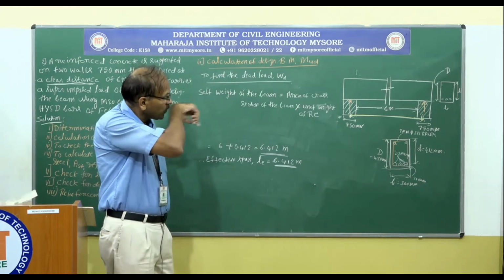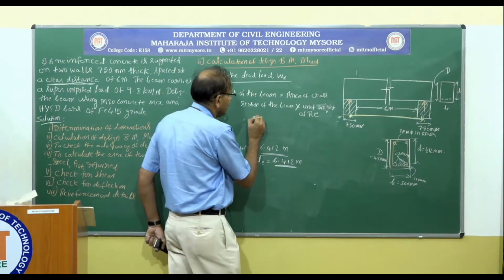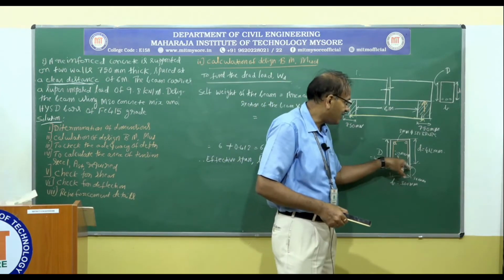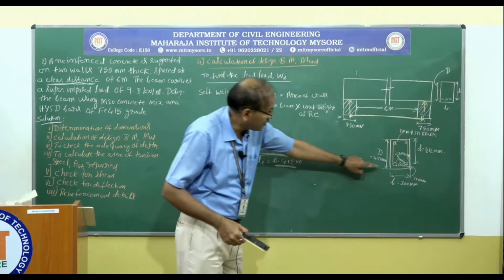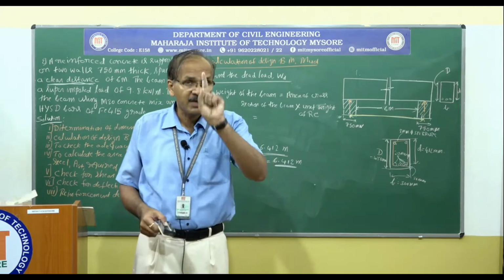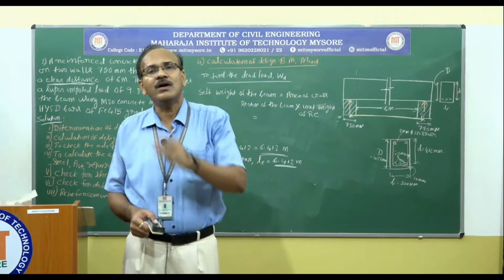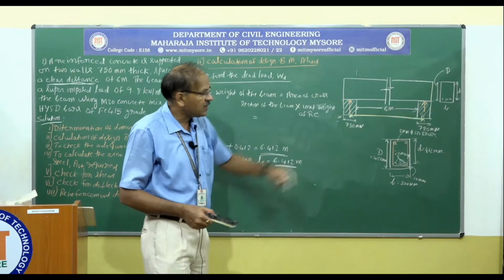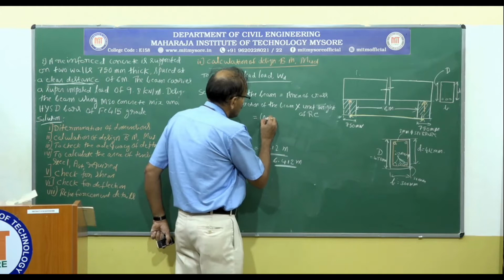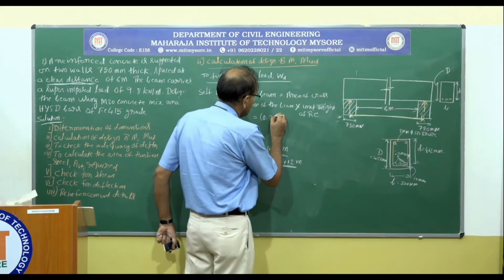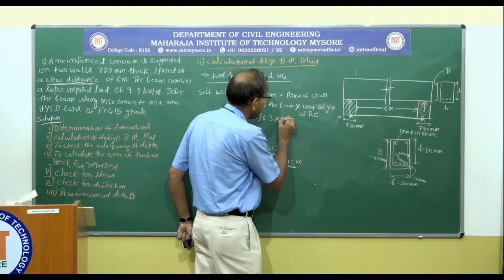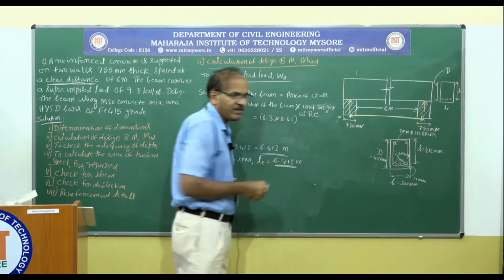Okay. So what is the area of cross section of the beam? This is the width and this is the depth, total depth. See, when you are considering the self weight of the beam, you should not consider the effective depth. Instead, you should consider the overall depth. So the overall depth is 450 millimeter. So I am going to find out the area of cross section of the section, that is 0.3 meter multiplied by 0.45 meter.